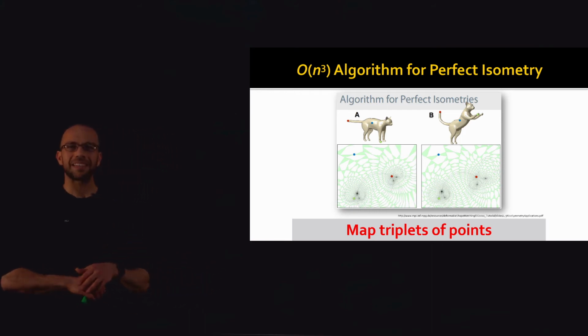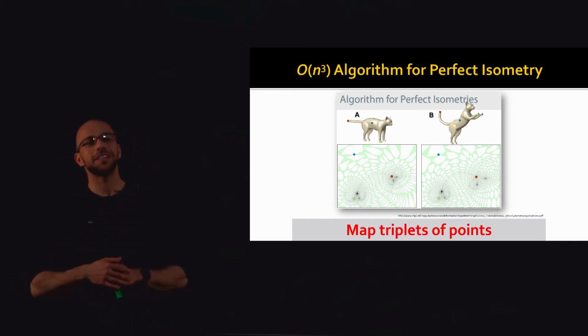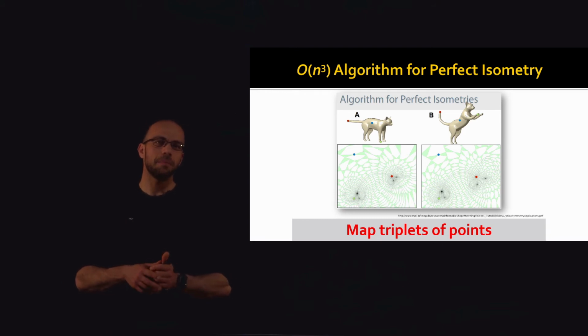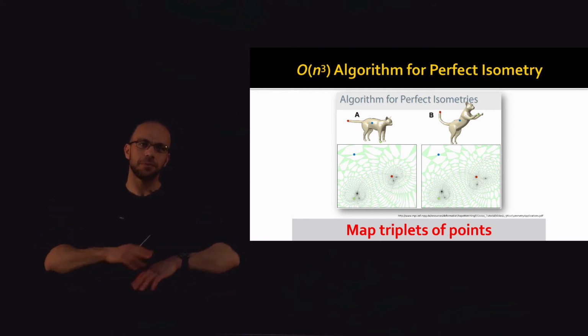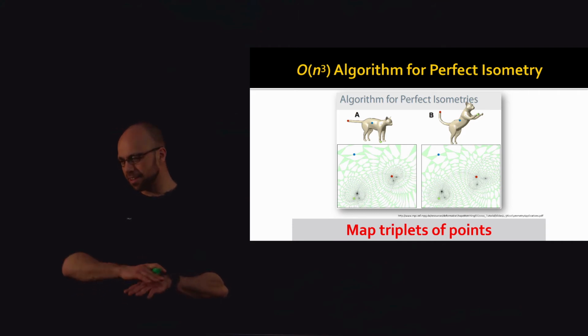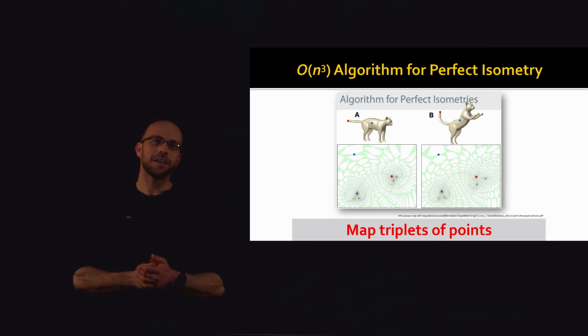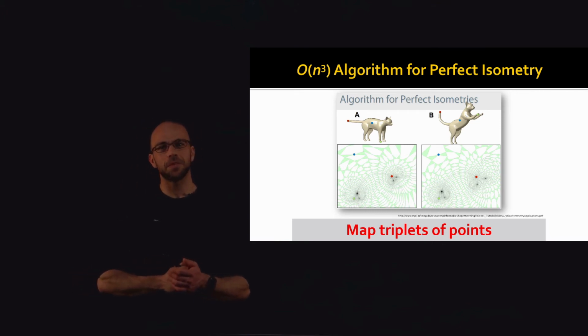Here's a basic intuition for these algorithms. What we're going to do is take our input surfaces and map them conformally into a domain where it's easier to do our computation. So in this case, the extended plane, which is R2 plus some points at infinity. And it turns out that you can conformally map them using something that's close to a linear system of equations.